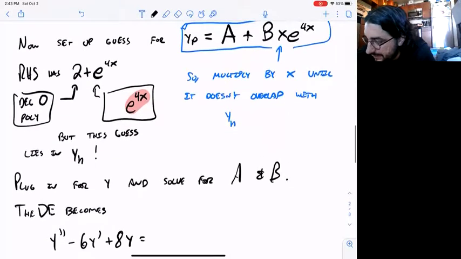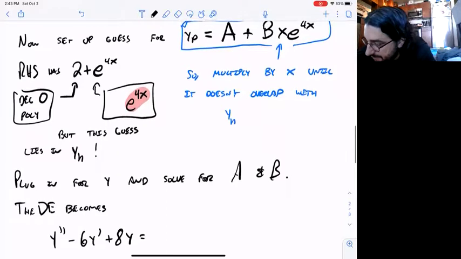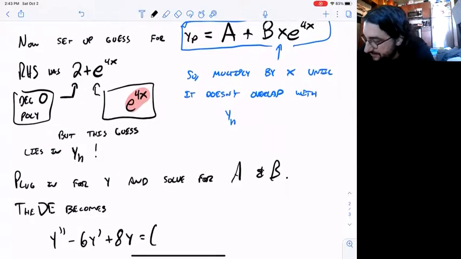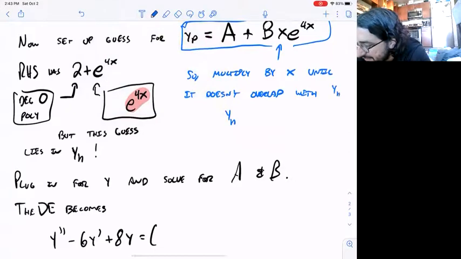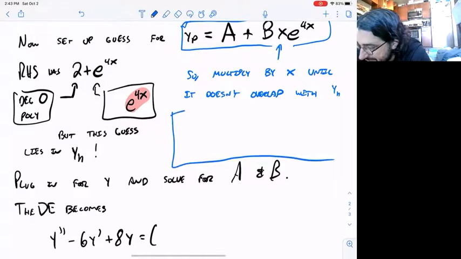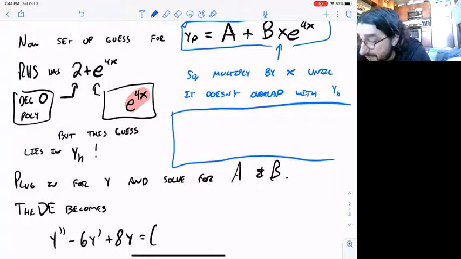What? Well, I want the second derivative, right? Okay, well, I'm going to need the product rule here. This isn't a super easy derivative because I have x times e to the 4x. So let's do this carefully. Let's actually calculate the first and second derivative before we start plugging in, so that we have them ready for when we plug in.